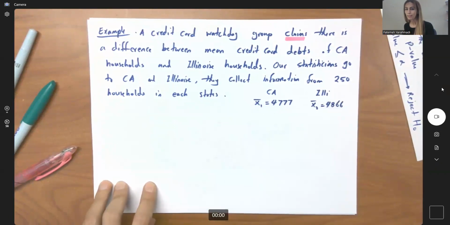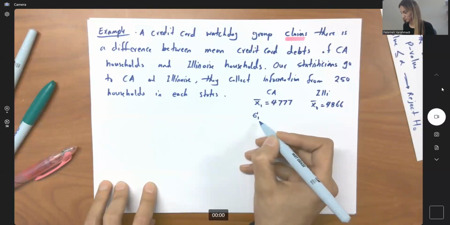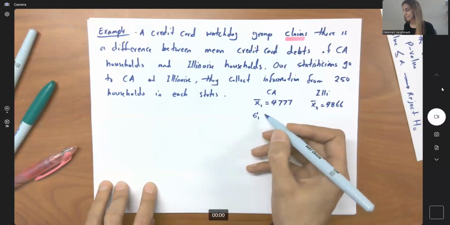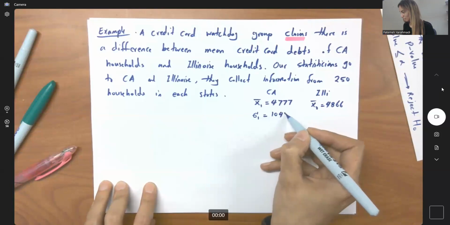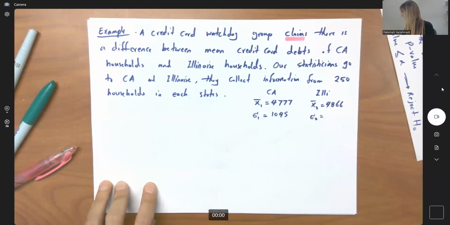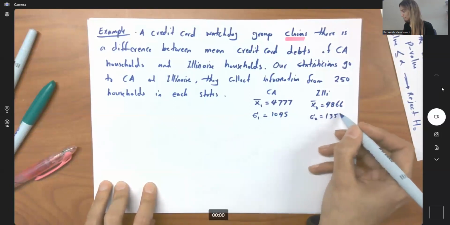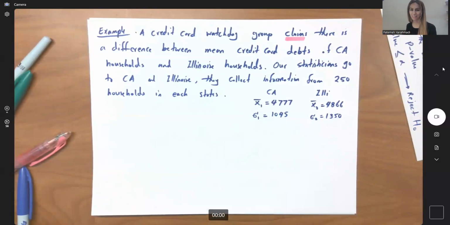We also found that the standard deviation in California from past studies is, let's see, $1,045, and in Illinois, it is $1,350. So these are the pieces of information that we collected.